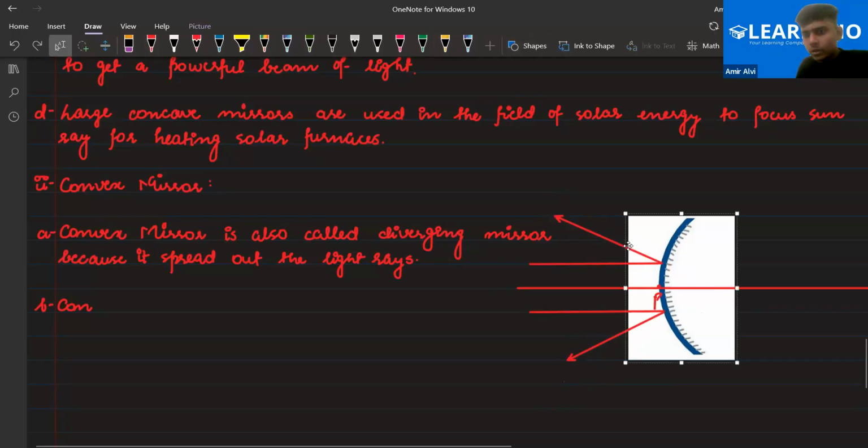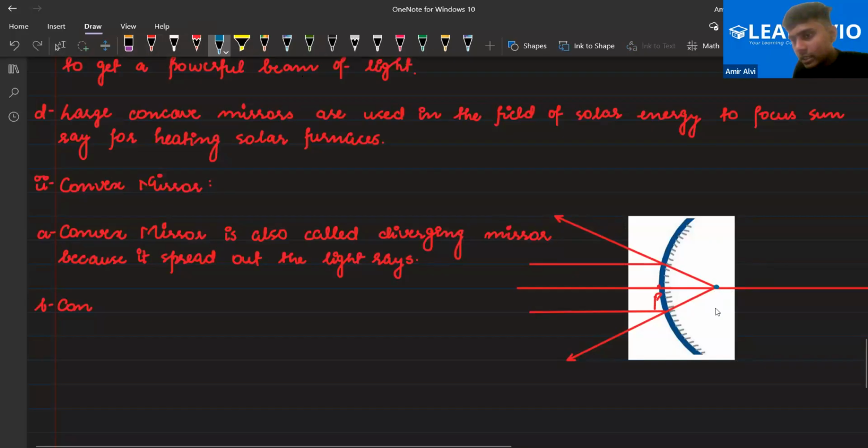So we'll extend them in the backward direction over here. This is the point of intersection that you can see. So the image is formed behind the mirror. Okay? Because this is not the actual image, this is a virtual image.